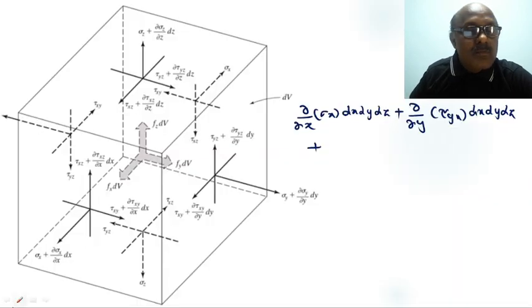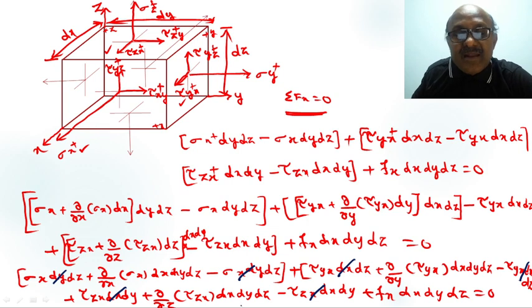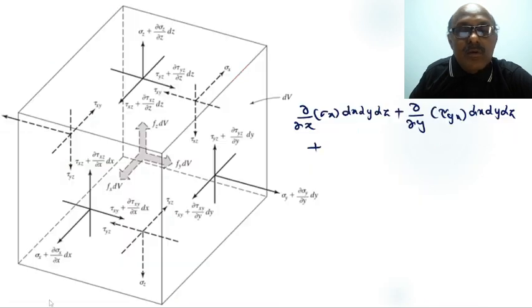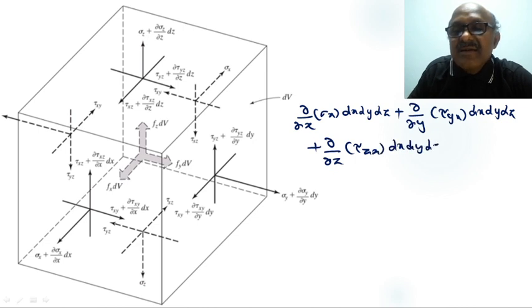The remaining term is dou by dou z of tau zx into dx dy dz plus fx into dx dy dz, that is equal to 0.